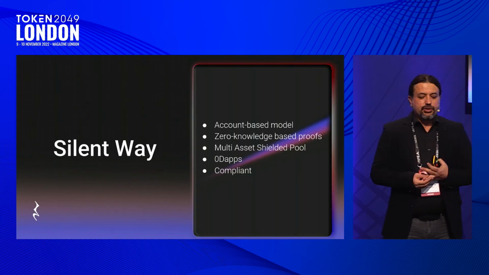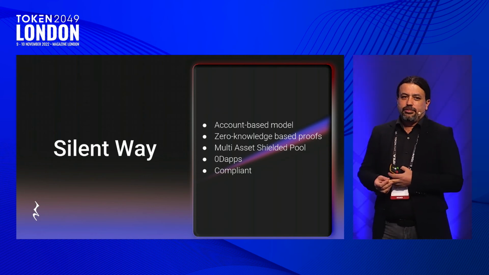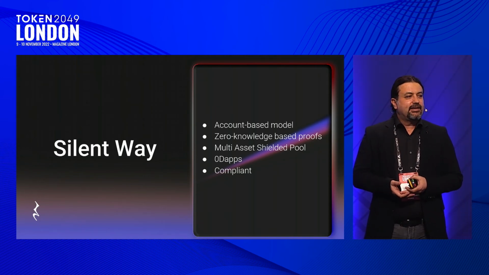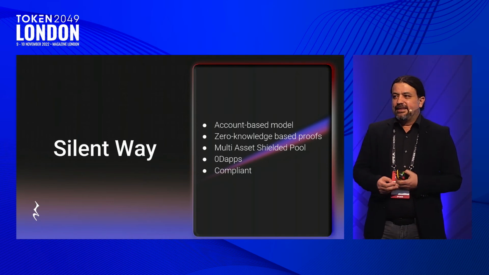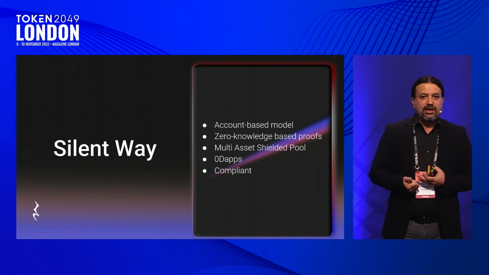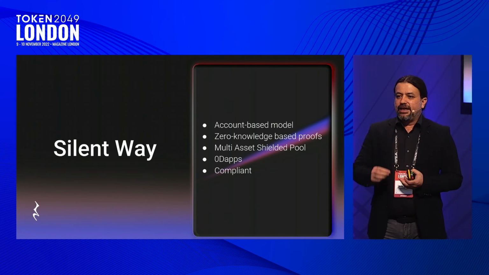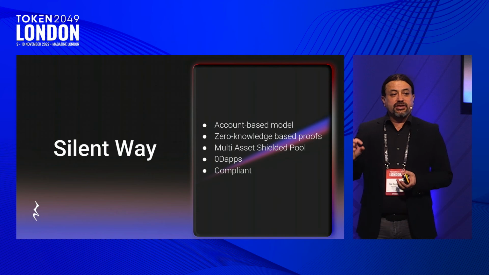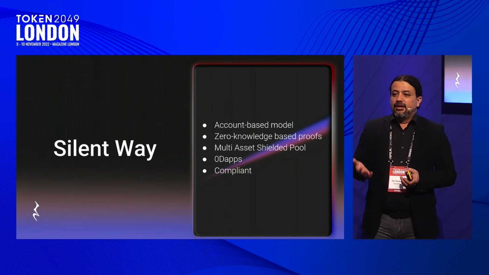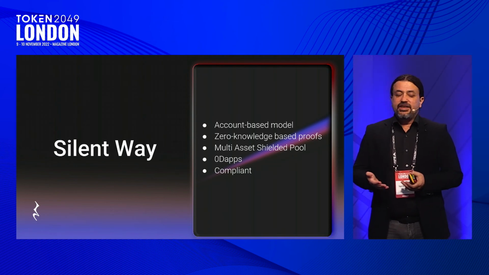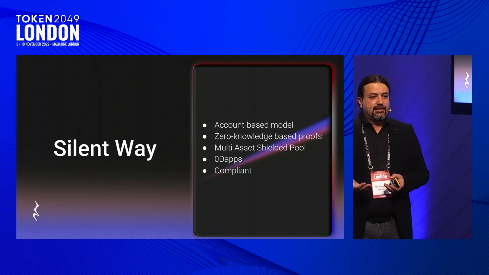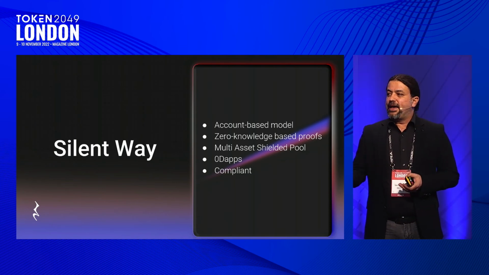So how are we achieving this? Contrary to the existing solutions, here we provide an account-based model. Because mainly there are two solutions to achieve privacy. One is the UTXO-based model. So every time an asset is deposited into the pools, a commitment is created. But in this manner, there is a deficiency, because the solution needs to keep a nullifier set to prevent the double-spending problem.